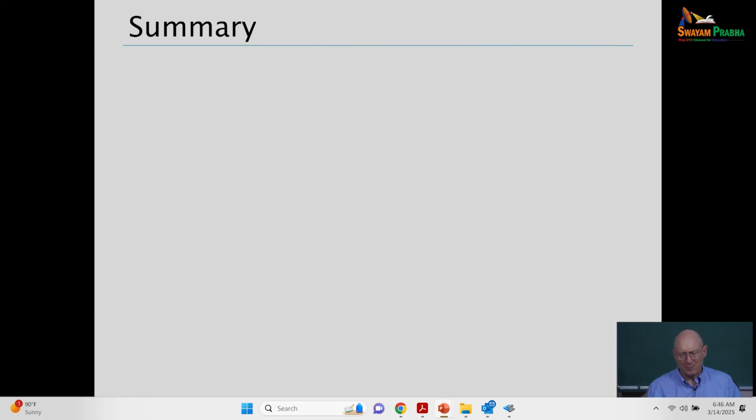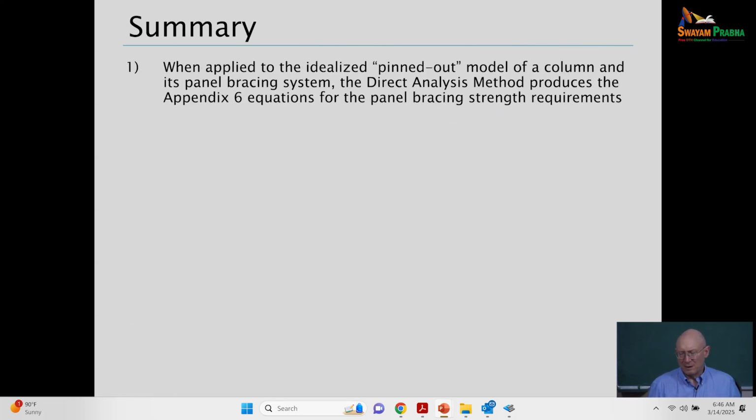Okay, so to summarize things here, if we take this most basic bracing case, and if we apply the idealized pinned-pinned model of a column and its panel bracing system, the direct analysis method basically gives us the Appendix 6 equations for the panel bracing.